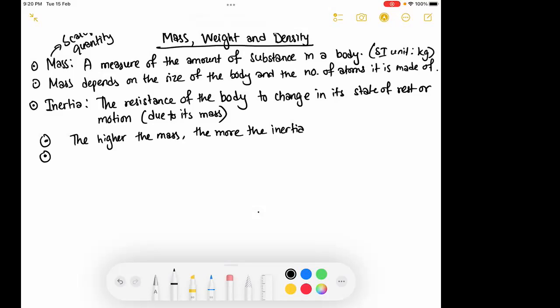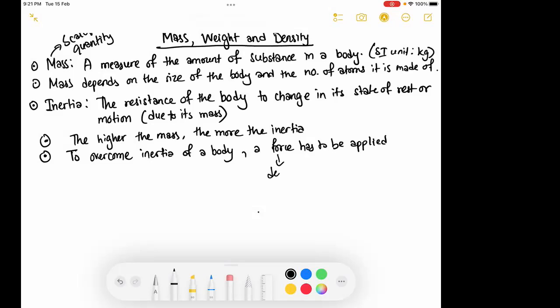To overcome the inertia of a body, a force has to be applied, and this force is dependent on the mass as well, because mass also depends on inertia.